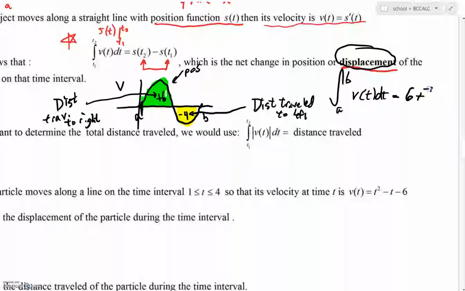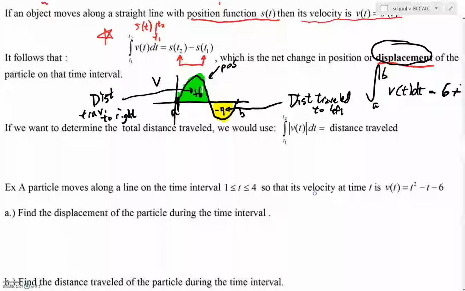Putting that together, if you were to add that, you'd get 2. In other words, there's more positive area. You'd end up 2 units to the right of where you began. Likewise, if we had a negative integral here, a negative displacement, that would indicate that you end 2 units to the left of where you began.